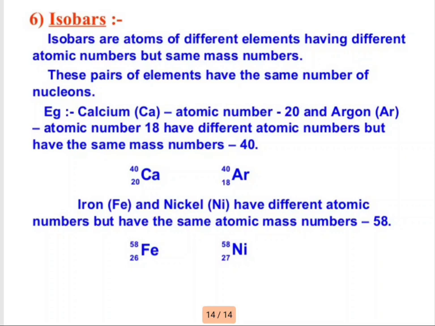Iron and nickel have different atomic numbers but the same mass number, that is 58, just because their neutron counts are different. So in this, the total atomic mass is the same for Fe and nickel also.